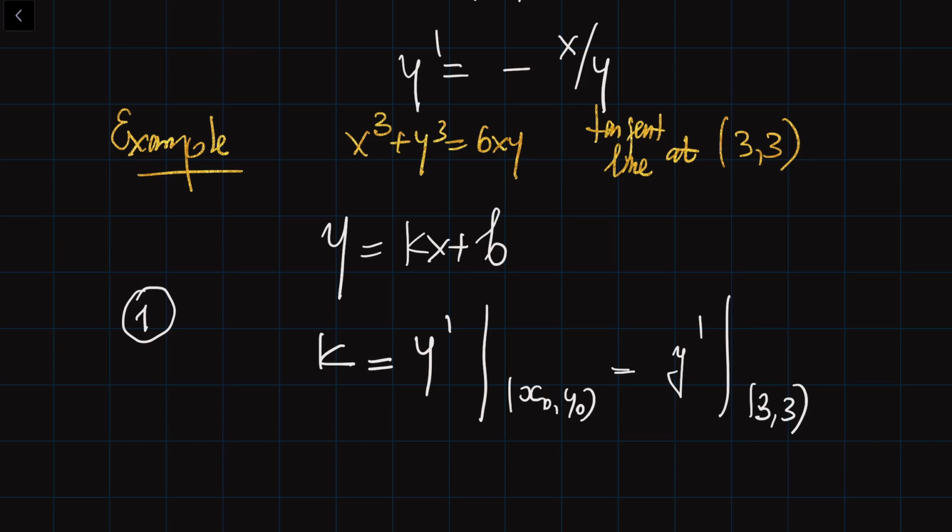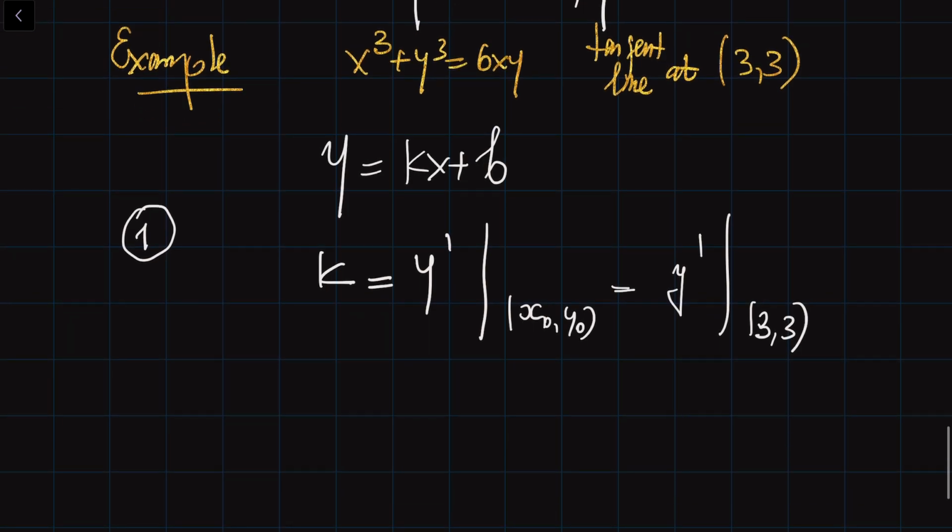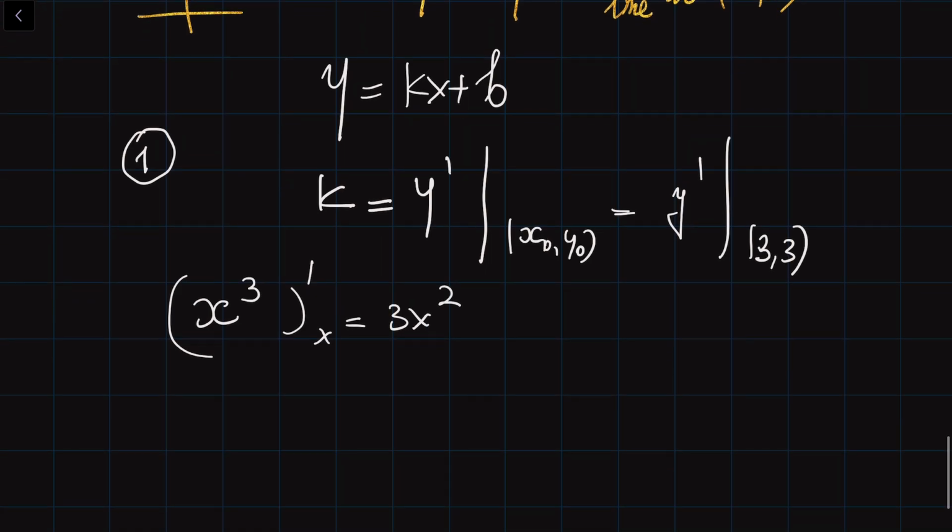Okay, cool. Let's find y prime. Can you help me to find y prime? In order to find y prime, I need to find the derivative of all of the terms. Okay? So what is the derivative of x cubed with respect to x? 3x squared. So you know now how to take the derivative of y cubed with respect to x.